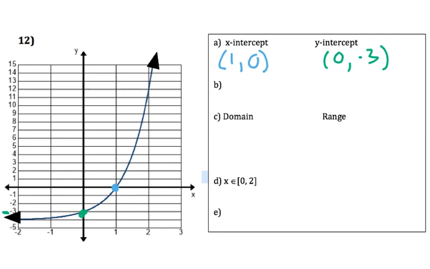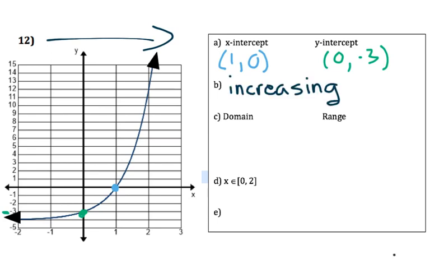Part B asks if this is an increasing or decreasing function. And since we're going from left to right, again, we're going to be increasing. It's going up. So we write increasing. Okay, part C. Find the domain and range. So our domain, again, is the x values. Looking at these, we are continually going to the right.